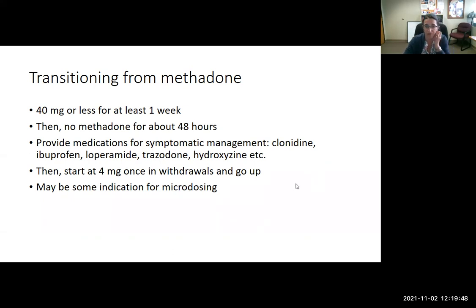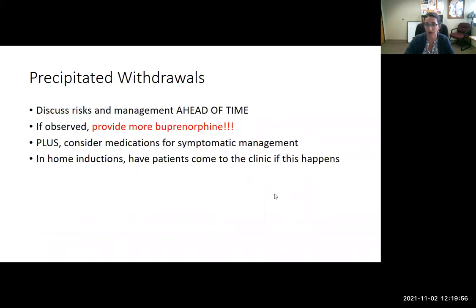Then again, you can start with that 4 milligram once in significant withdrawal and go up. And there may be some indication for microdosing with transitions from methadone, and we'll talk about that in a bit. As far as precipitated withdrawal, again, you want to discuss this ahead of time. Don't wait for it to happen. And if it's observed, we don't want to stop the buprenorphine initiation.